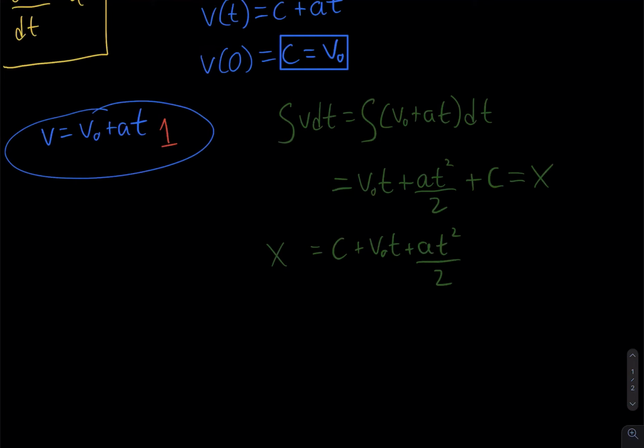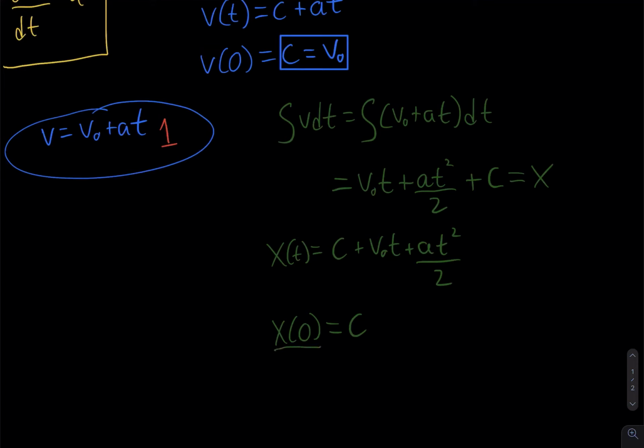So I could write x as a function of t, and I'm going to see what my position is at time equal to 0. Well, at time equal to 0, I just get c again, because if time is equal to 0, this term cancels out, and this term, a times 0 squared over 2, goes to 0, and so both of these two terms right here go to 0, and I'm just left with c.